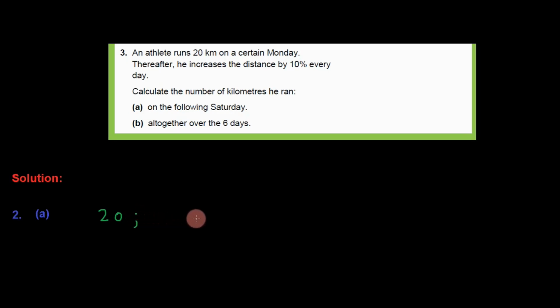This is increased by 10%, so it's 20 times 1,1. Then this is increased by 10%. So this is the Monday, the Tuesday. Then on the Wednesday, you'll run 20 times 1,1 squared, and so forth.